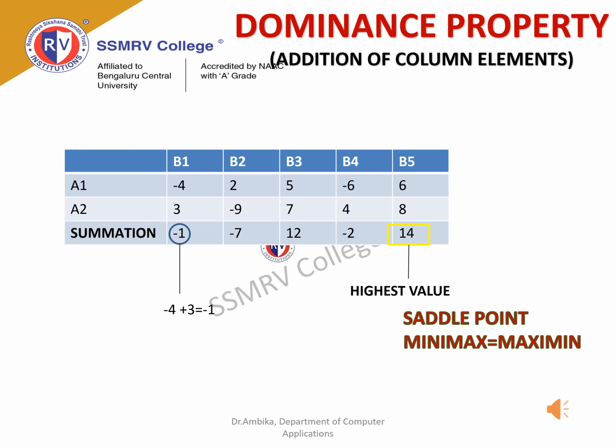B4, minus 6 plus 4, which leads to minus 2. In the B5 column, 6 plus 8, which leads to 14. After finding the summation entries, we find the highest value of the summation row. So here it would be 14.